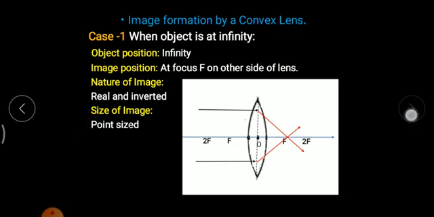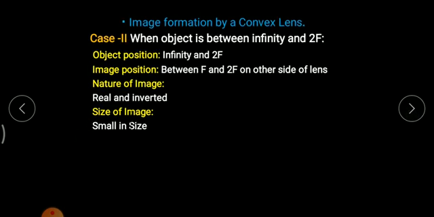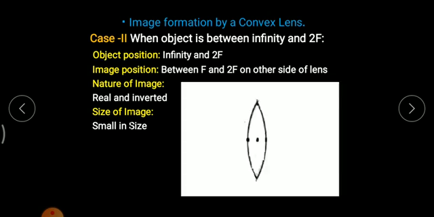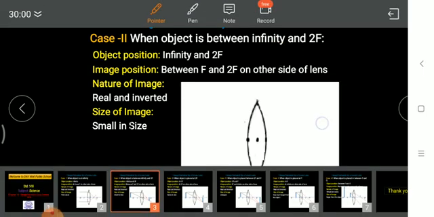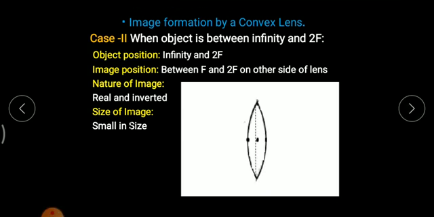Now let's discuss case number 2, when the object is between infinity and 2f. Again, a convex lens is there, with an imaginary line to indicate where refraction is occurring in this convex lens. This point is known as the optical center.